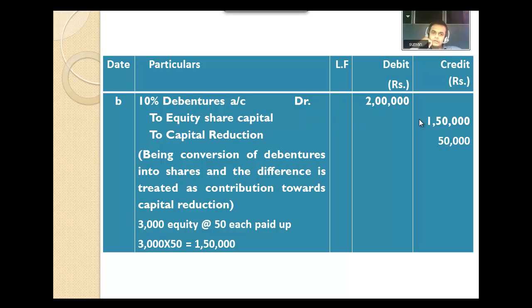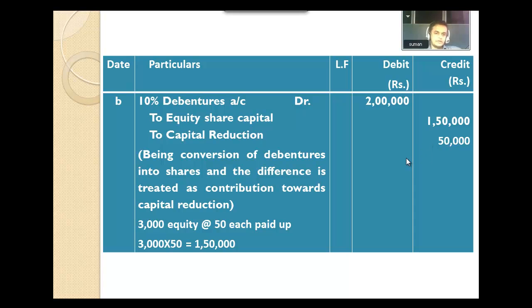Equity share capital should be credited with 1,50,000. That is what we did: 3,000 multiplied by 50, which comes to 1,50,000, and the remaining amount will go to the capital reduction account. So debentures account is debited with 2 lakhs, equity share capital credited with 1,50,000, and capital reduction with 50,000. Clear?